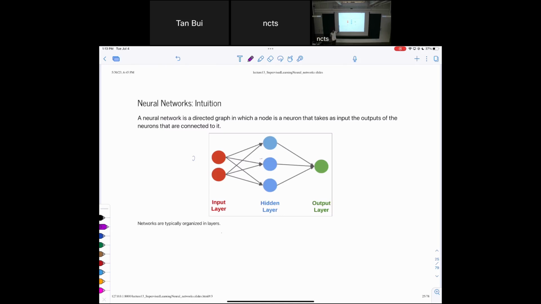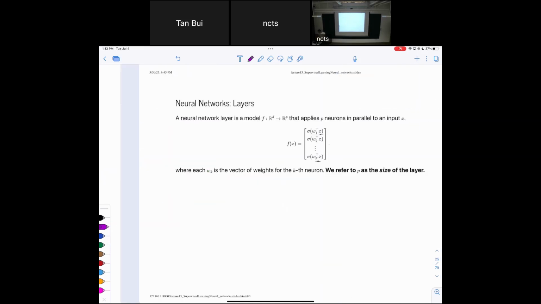If you read the literature, you'll see why it's called feed-forward: you just feed the output as an input to the next layer, and so on. Just intuitive words for that. So, a directed graph from left to right. The first is called the input layer, the last is called the output layer, and everything else in between is called hidden layers.